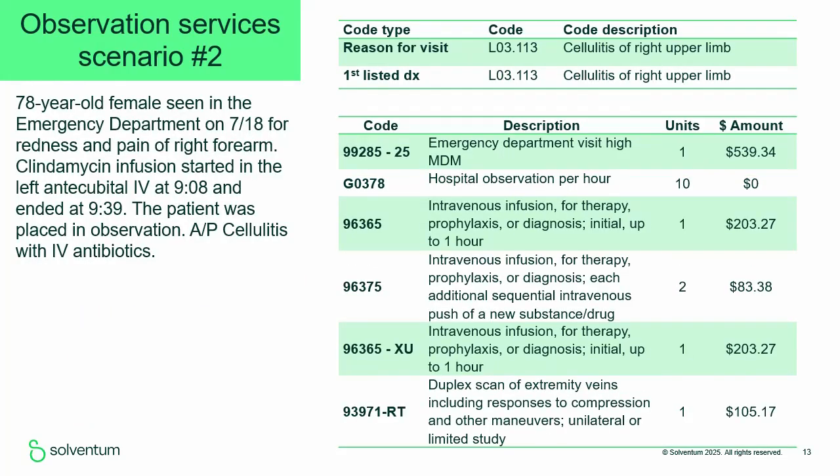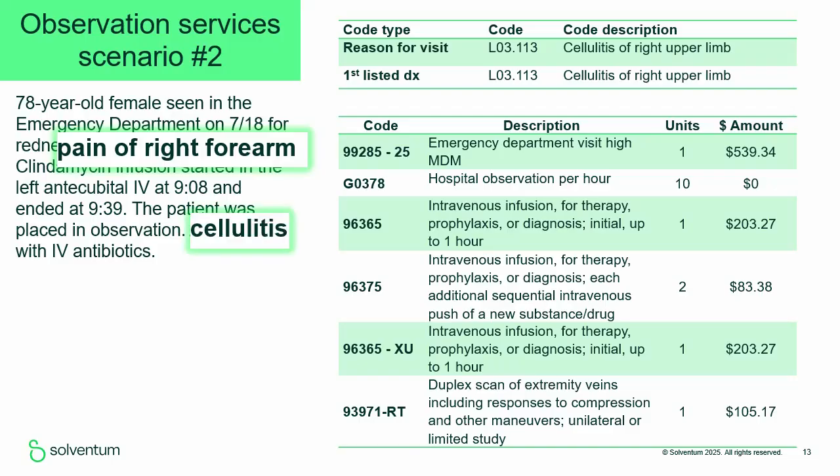On the previous slide, we compared the codes to the documentation. Now we're going to dig in a little bit deeper and focus on medical necessity to start with. This patient did receive infusions and a duplex scan. Documentation indicated that the patient did present with pain of the right forearm, and then the patient was placed in observation for cellulitis.